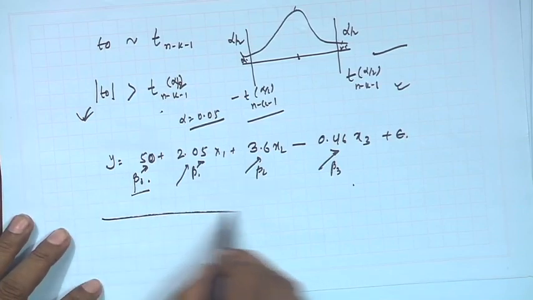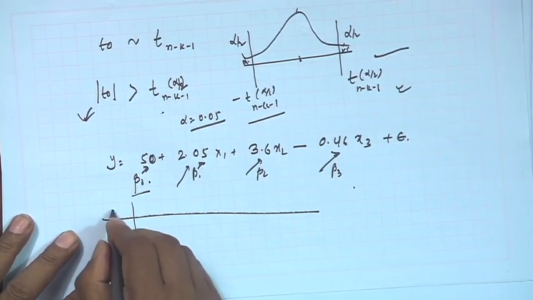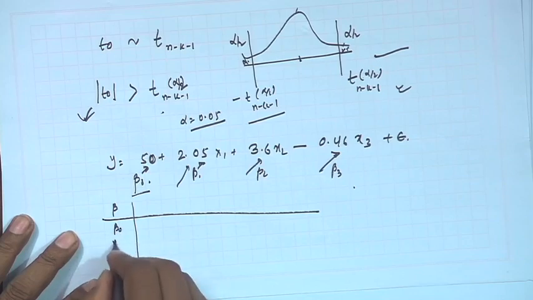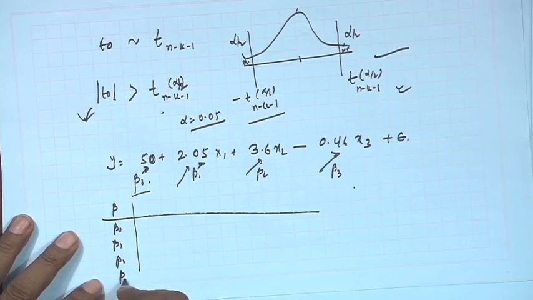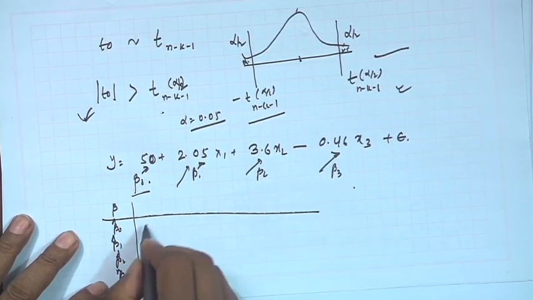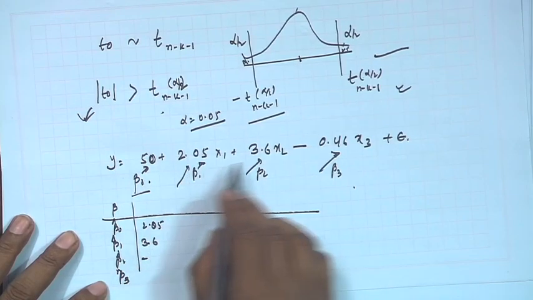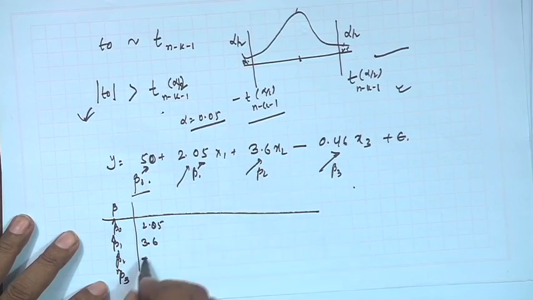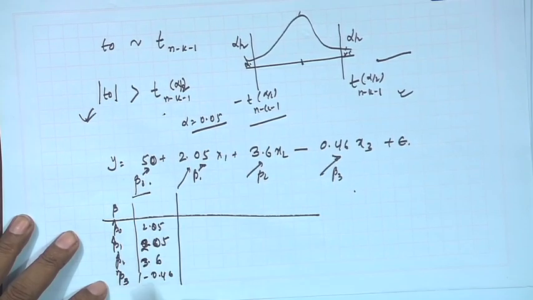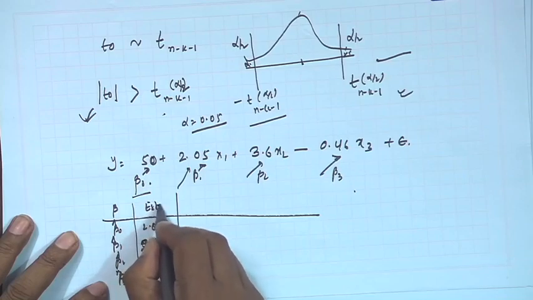So you are just finding the beta values. These estimated values are 50, 2.05, 3.6, minus 0.46.